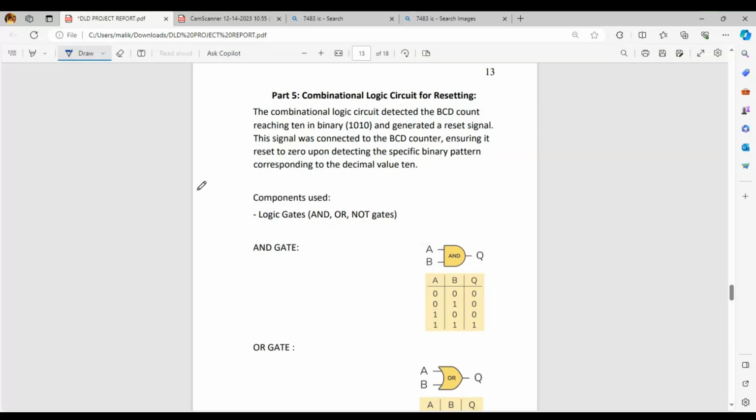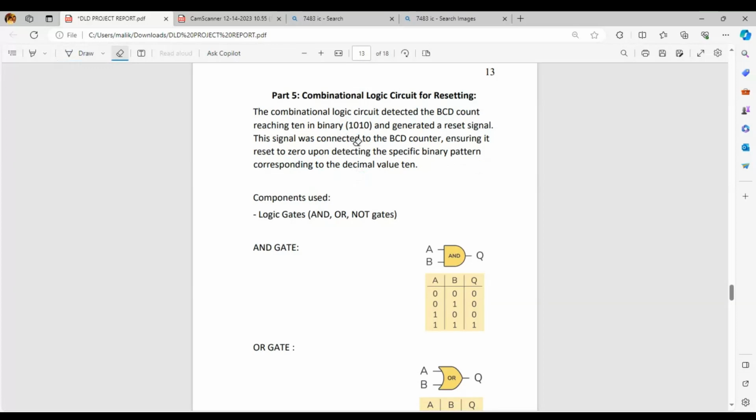Like we are resetting 10 to zero. Now here 1010 to 0000.